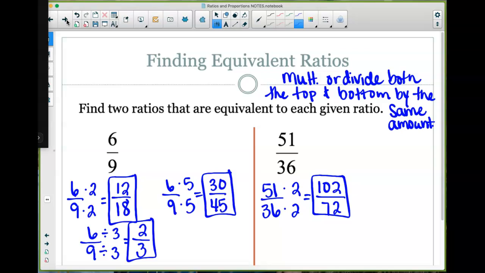Okay. We could take 51 to 36 and divide by 3. Okay, 51 divided by 3 is 17. 36 divided by 3 is 12. So you could have the ratio of 17 to 12. Questions there?